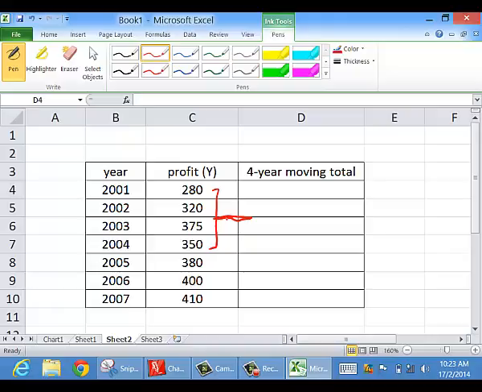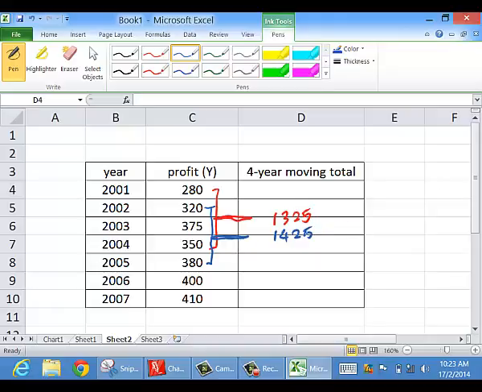280 plus 320 plus 375 plus 350, so you will get 1325. Right, betul? 1325, you put it on the center, 25, so it will be on the line. Boleh faham? So next you move on for the second value, 320 until 380. Now you put it on the line, so you will get 1425.